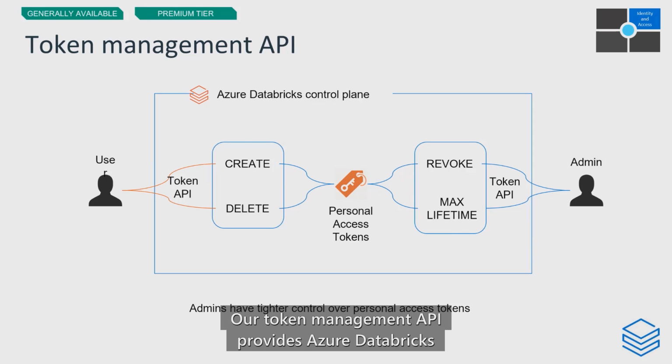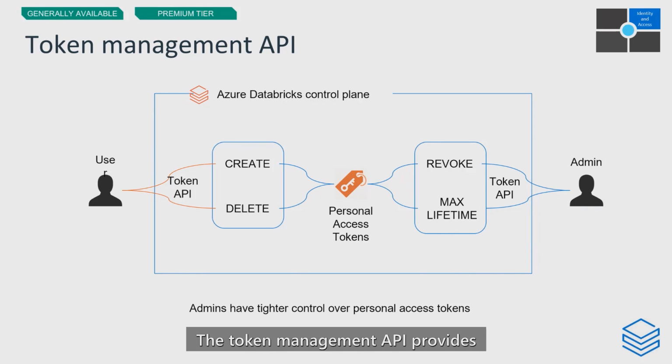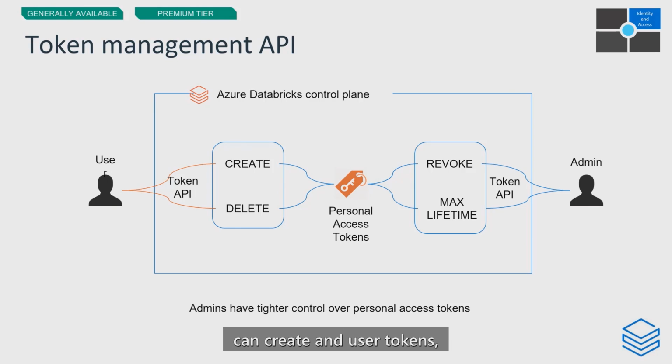Our token management API provides Azure Databricks workspace administrators visibility and control over tokens in their workspaces. The token management API provides tighter access controls on which users can create and use tokens, and therefore who can access the workspace for automation purposes.